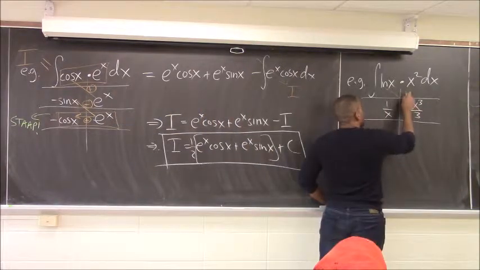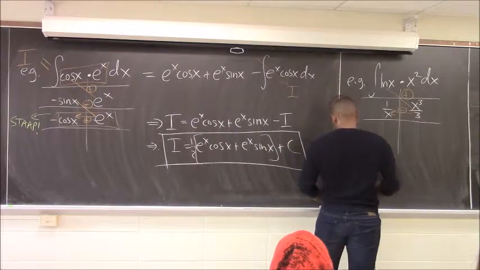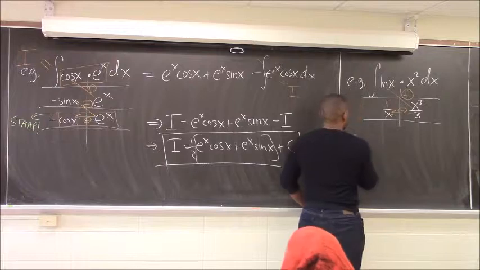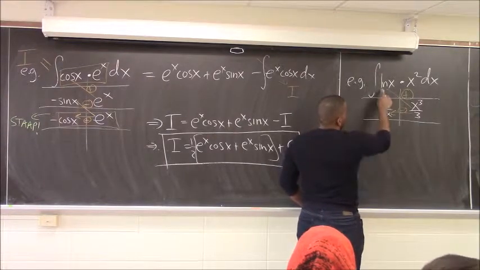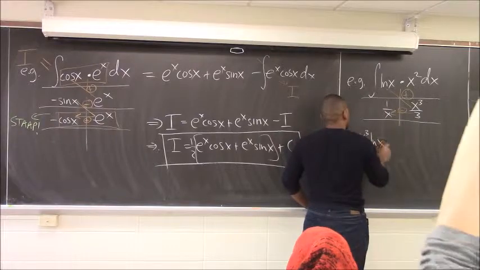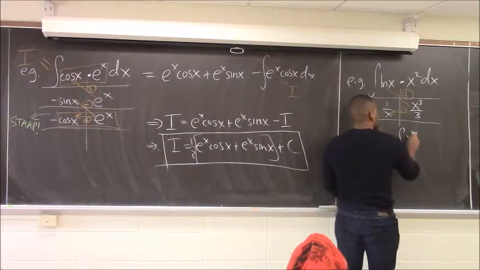So I multiply this, positive, multiply that with the negative sign. And so this integral would be ln x times that, minus the integral of this times that.